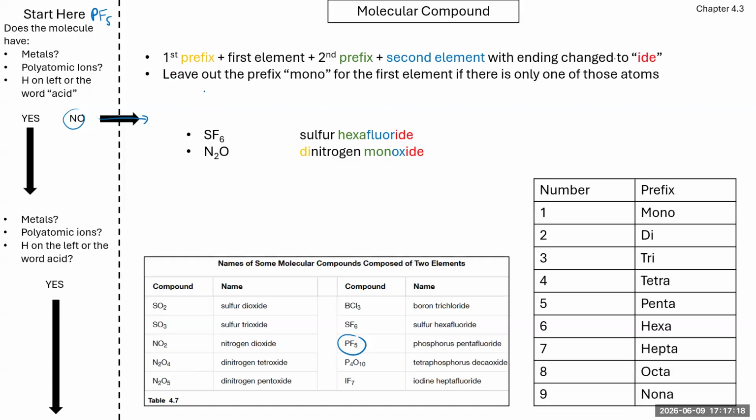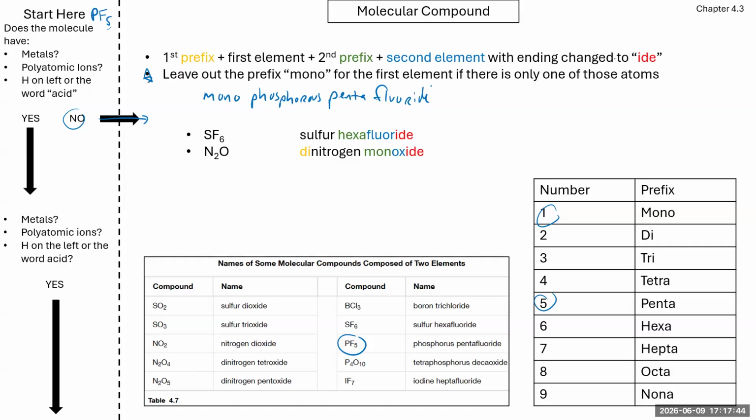So this is going to be mono phosphorus, and then we have 5, so 1 was mono, 5 is penta fluoride, right?